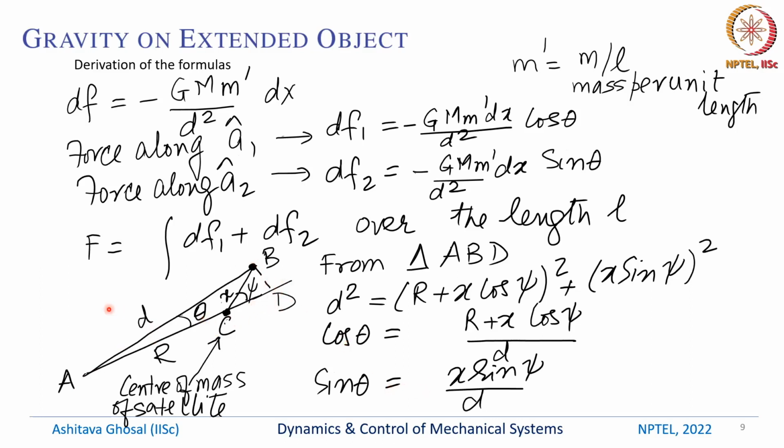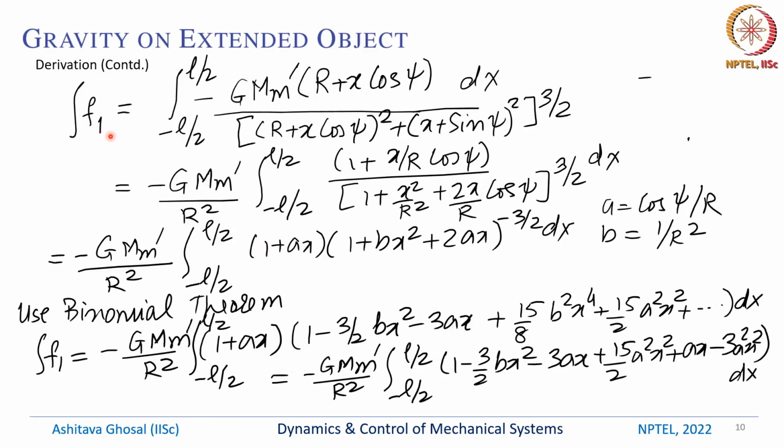So cos theta is r plus x cos psi divided by d, and sine theta is x sine psi divided by d. Okay, so what am I trying to do? Basically, I am trying to find out what is the net gravitational force acting on this long extended object, and if there is any moment also.